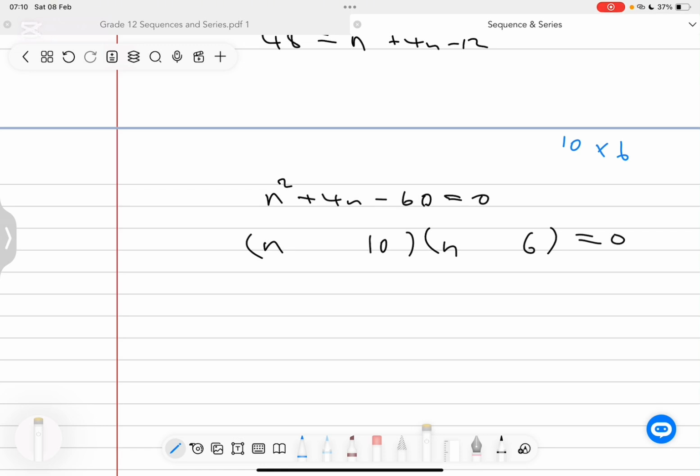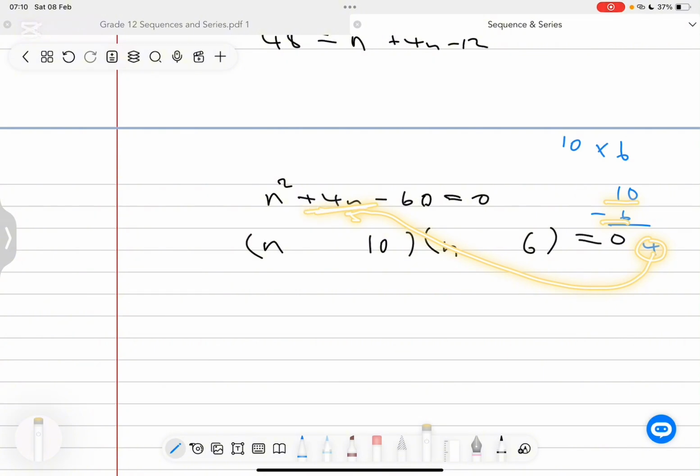Now, to find the signs that we have to put, if I say 10 minus 6, I get a positive 4. Do you see that when you say 10 minus 6, we get a positive 4?